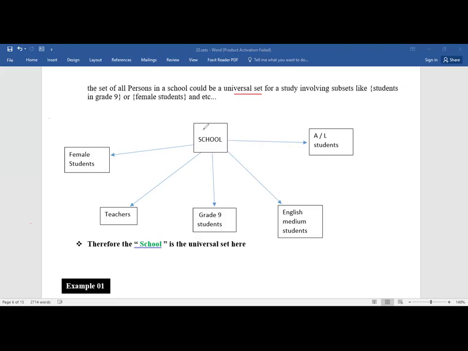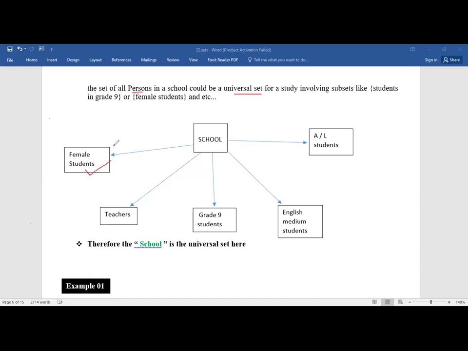So this is the school, right? When you consider your school, it is like a universe, right? And here in the example, they are saying set of all persons. There are different persons, right?